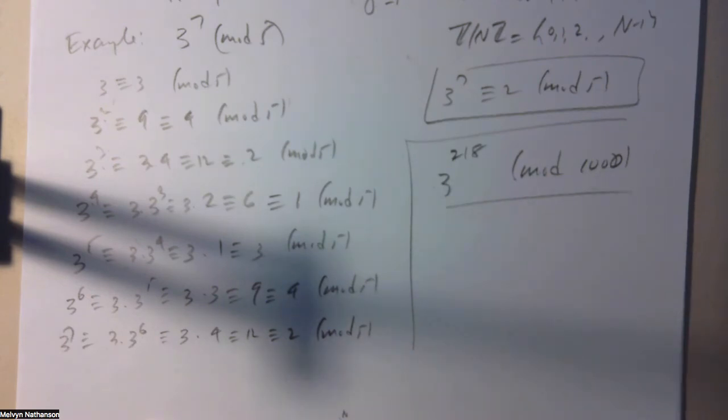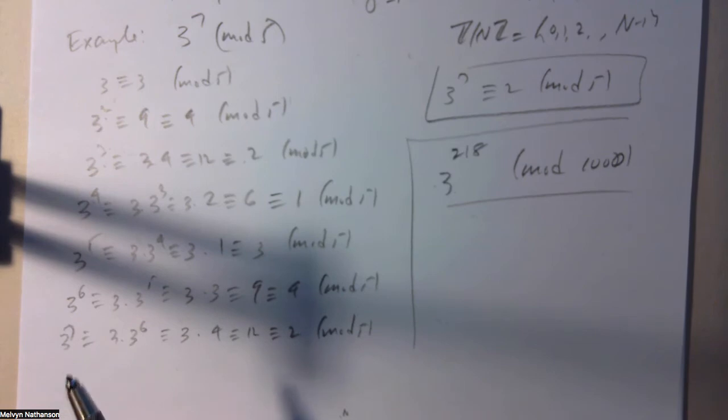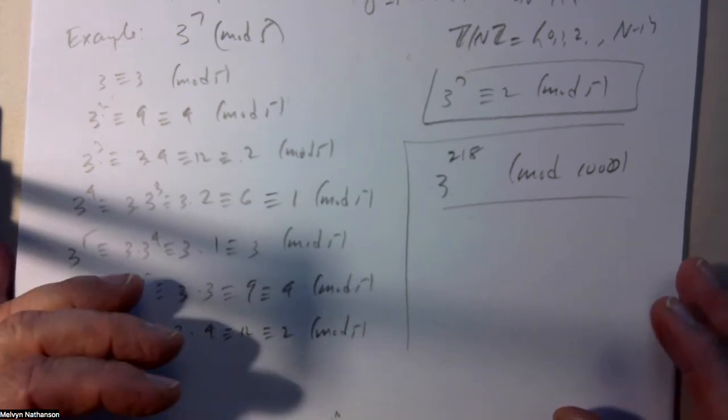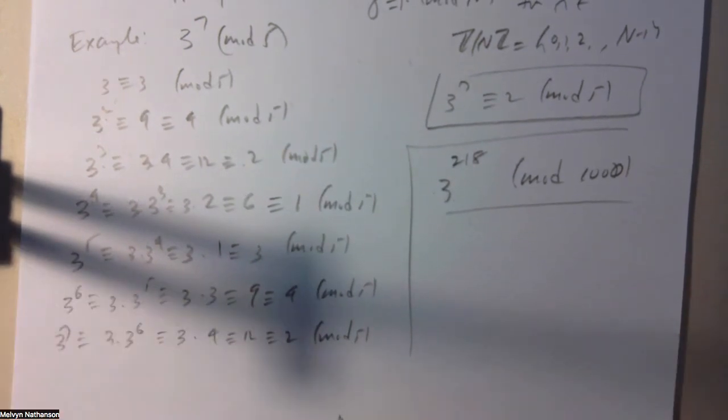That's more work. In computer science, one worries about not just whether a computer program will run, but how long it will take. Will it take 1 millisecond, 2 hours, or 1,000 years?